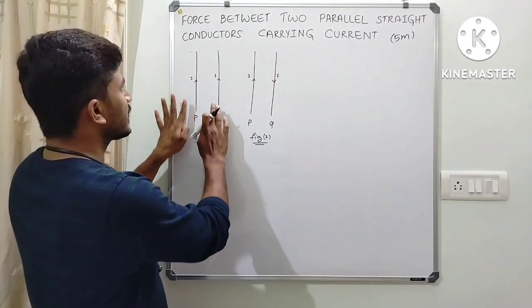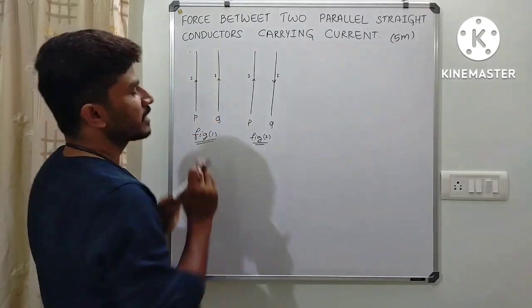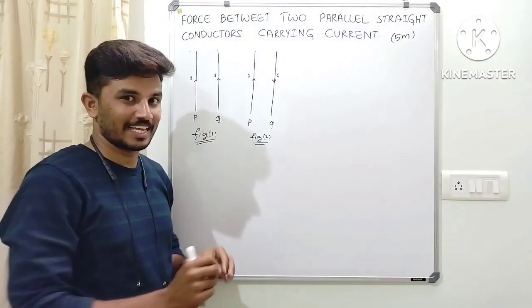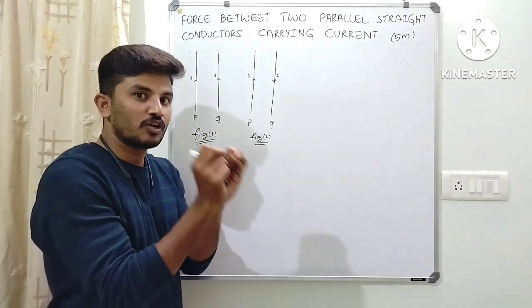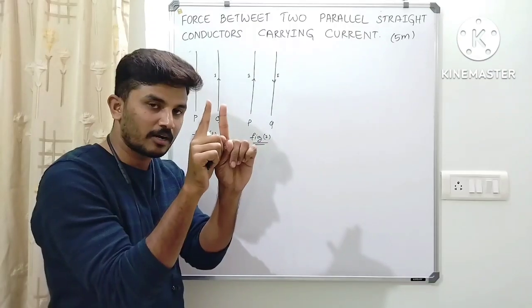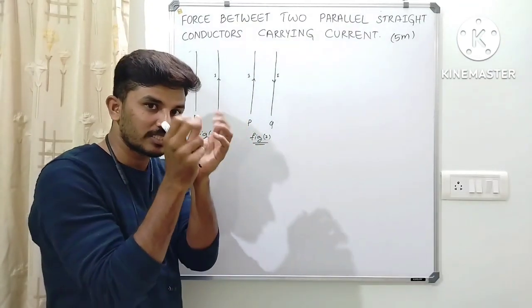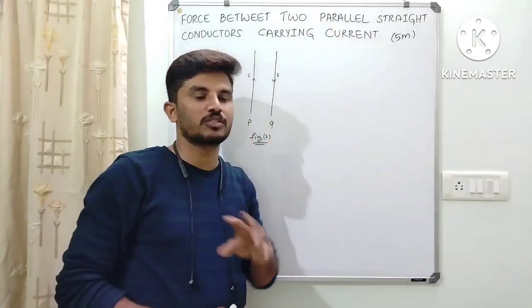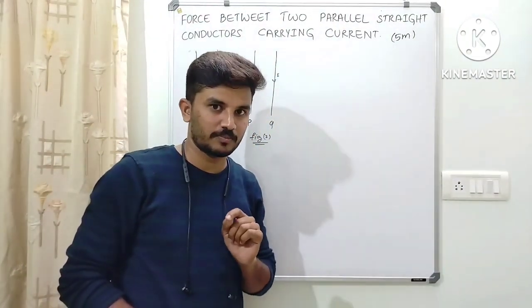Here the direction of currents is the same, here the direction is opposite. Then what will be the magnitude of force experienced by both the conductors? Will they attract or repel? In which direction they experience force also matters, and that we need to explain.